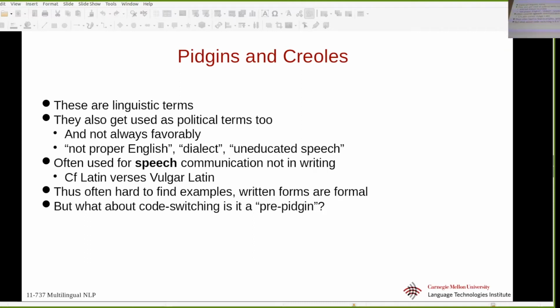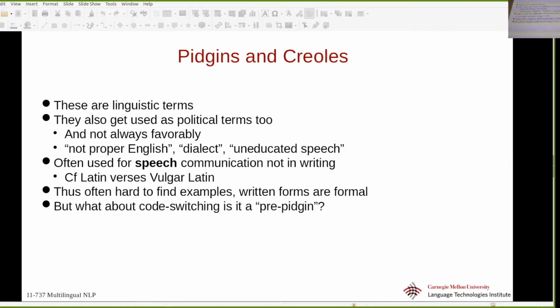Arabic is usually termed as a single Arabic with different dialects across the different Arabic-speaking countries, even though the difference between Moroccan Arabic and Iraqi Arabic is as different as the difference between English and Polish, okay? So they're pretty distinct. There's common words, but they're not the same language. But the Arabic-speaking world wants to keep it as a single language and then talk about dialects. And so a lot of politics are going on here.